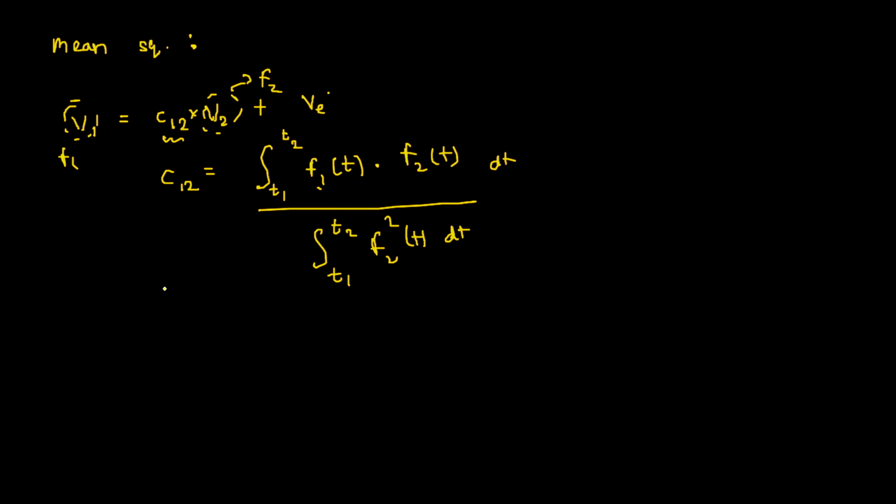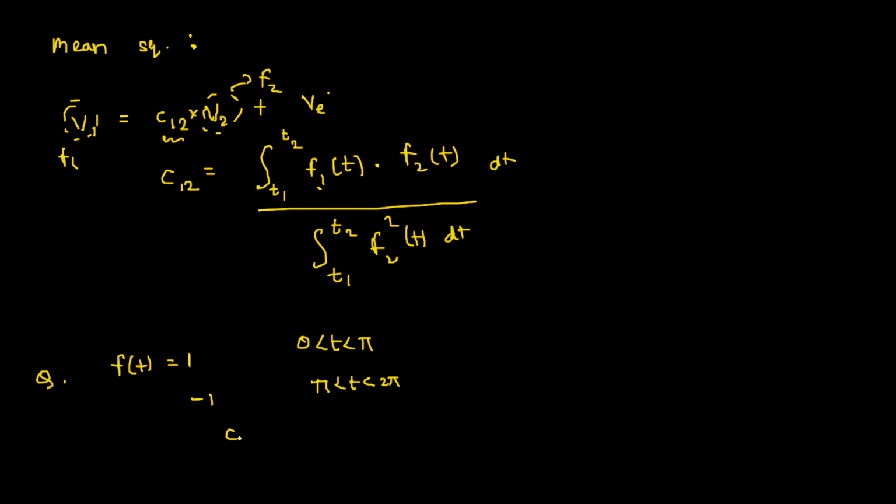So let's wrap this concept up with one question. Let's say we have a function f of t equal to 1 for 0 to pi, and minus 1 for pi to 2 pi.